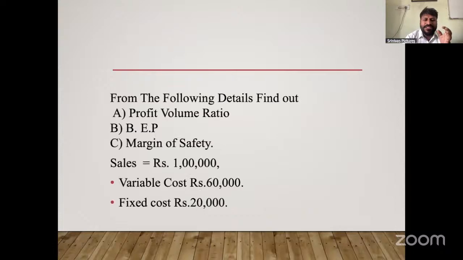Simply, we can follow. First, what is the first one? Profit volume ratio. How are we going to take the profit volume ratio? Simply contribution by sales. So how are we going to take contribution? Contribution is sales minus variable cost.